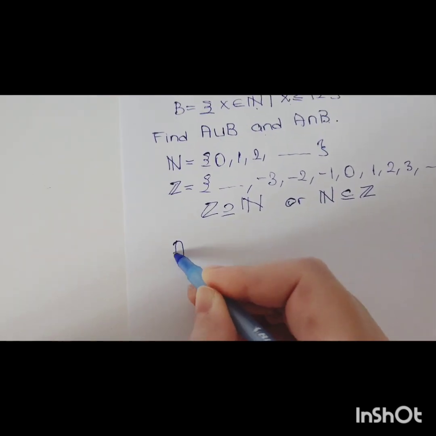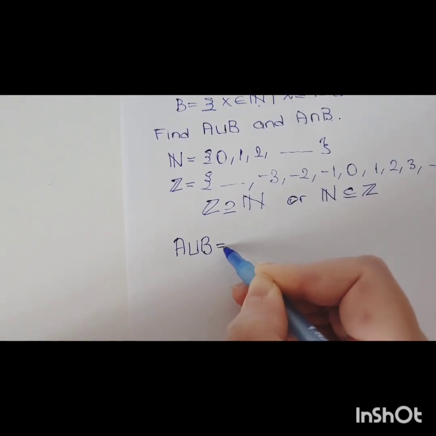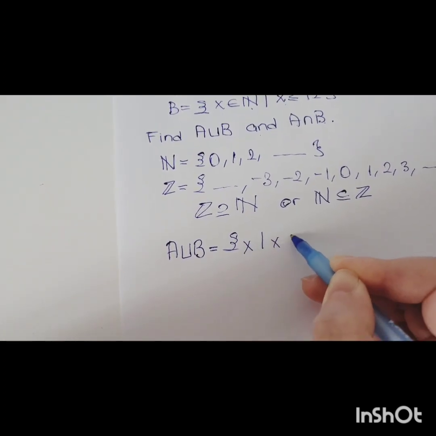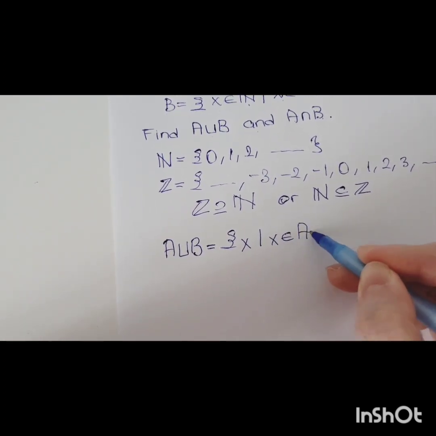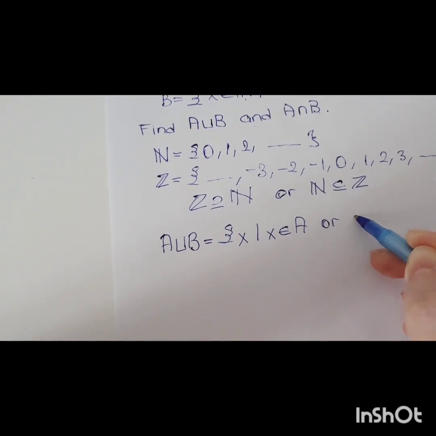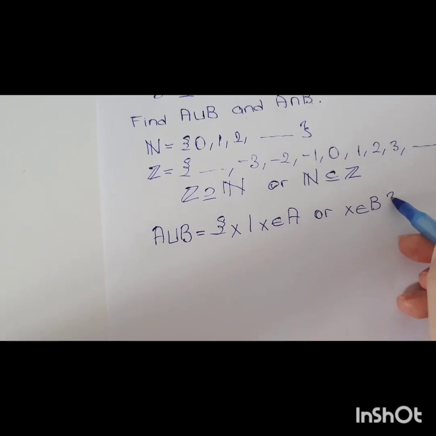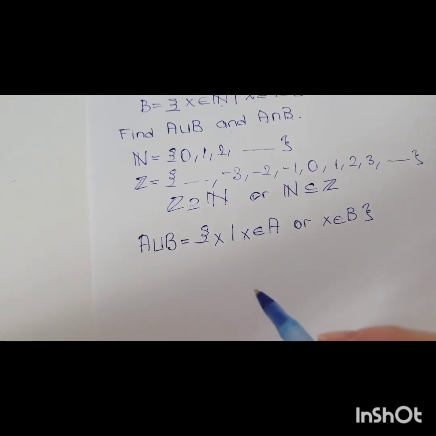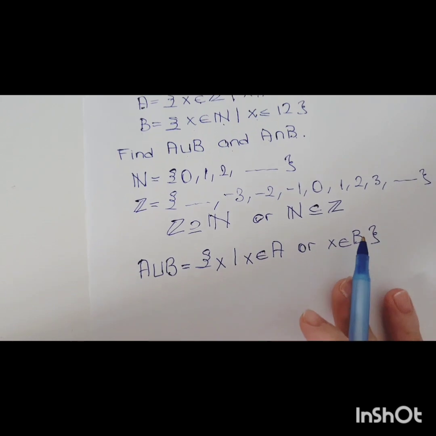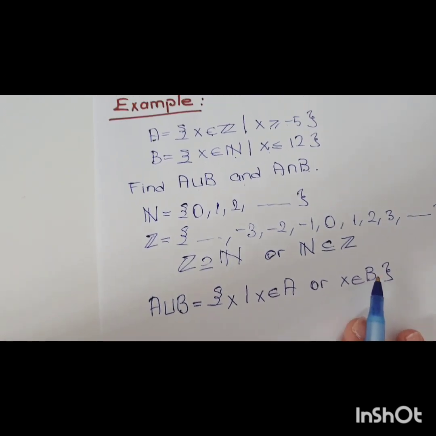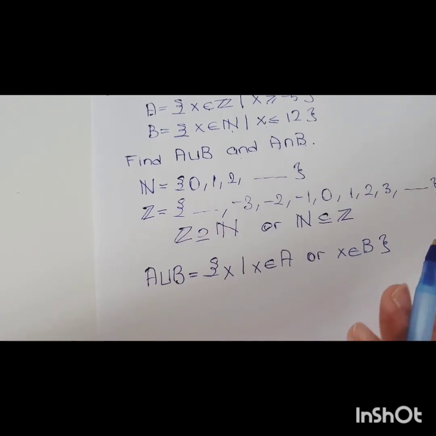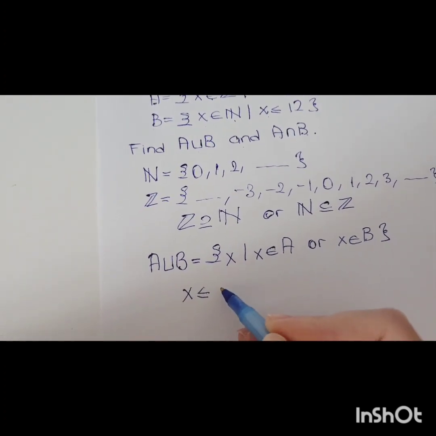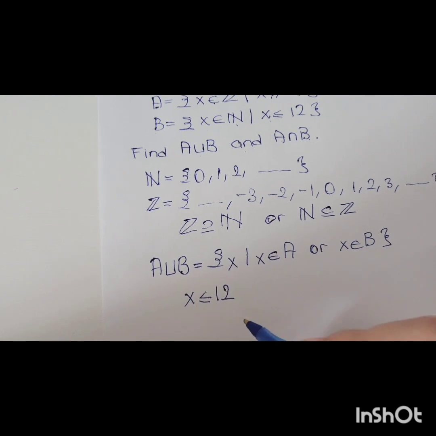What was the union of A and B? It contains elements that are in A or in B. Okay, we have to examine the elements of B. They have to be less or equal than 12.